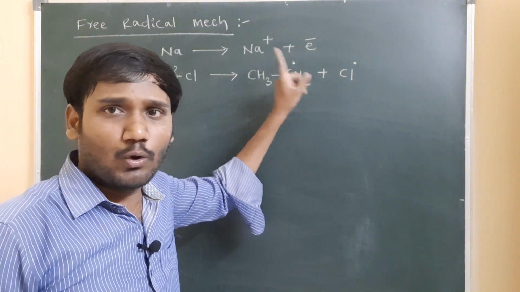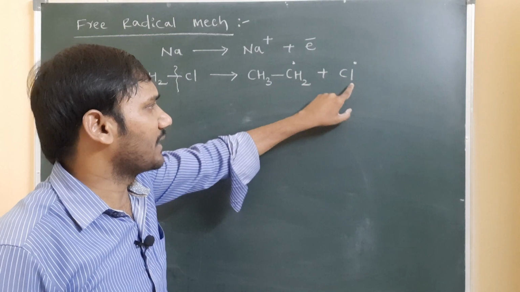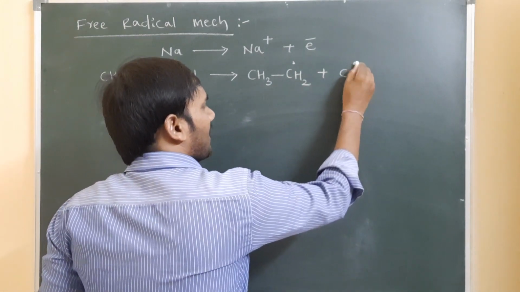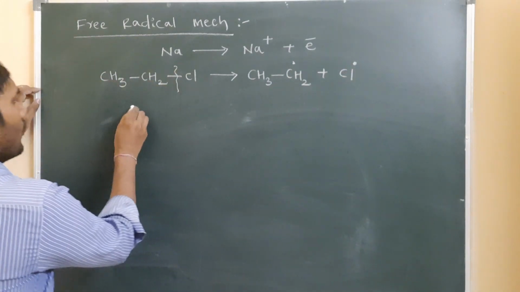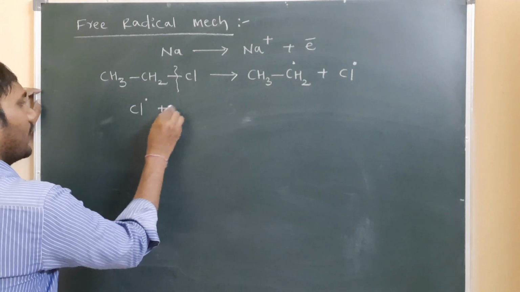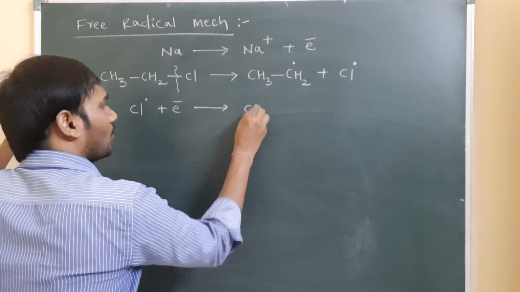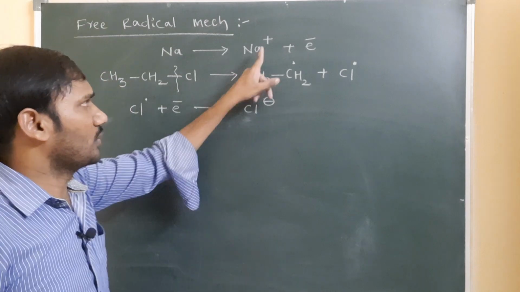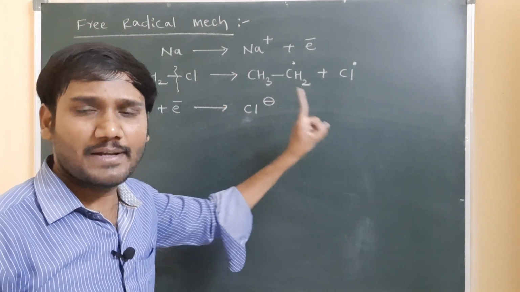The electron lost by sodium is taken by the Cl free radical, which is converted to chloride ion. So sodium and chloride combine to form sodium chloride.